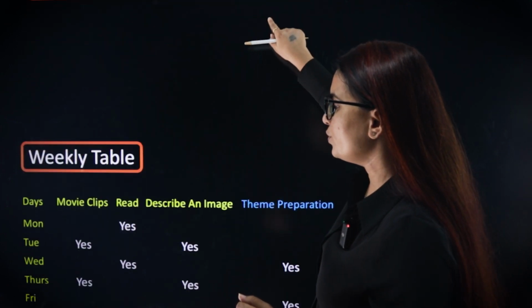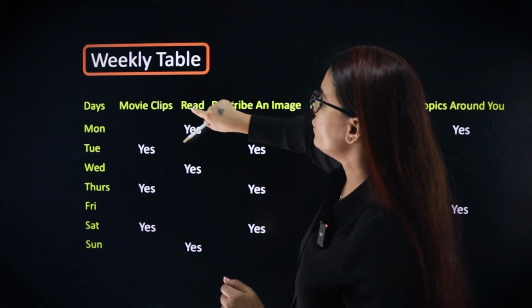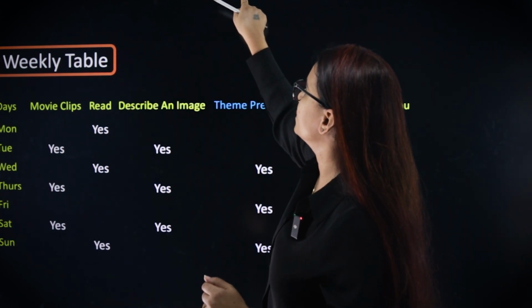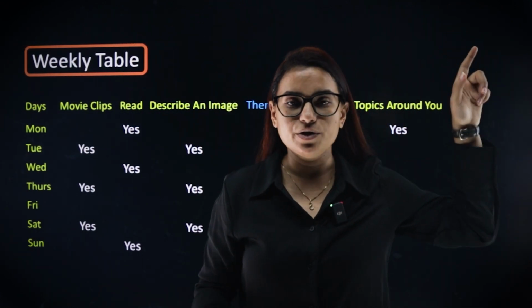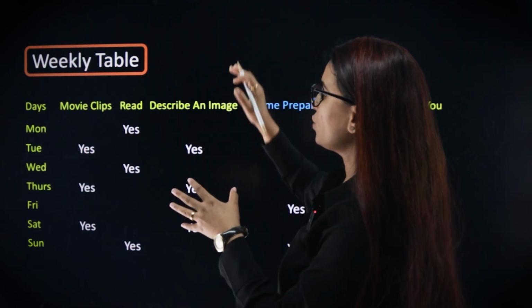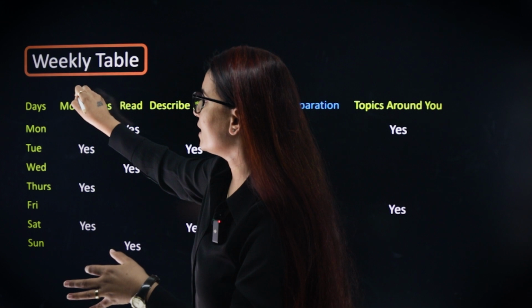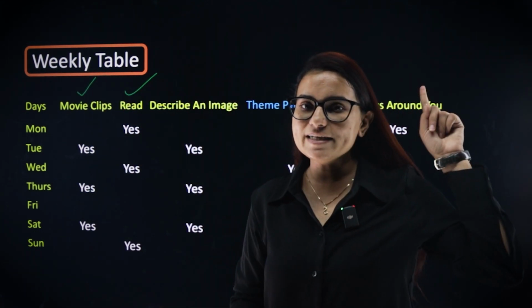Now, I'm going to show you quickly the table that we have been discussing for some time now. If you remember this table, the weekly table, which was discussed in session 1, the link is over here or over here, I'm not 100% sure. This is the table we have been talking about for some time. We already discussed movie clips. Link is over here. We talked about reading. Link is over here.